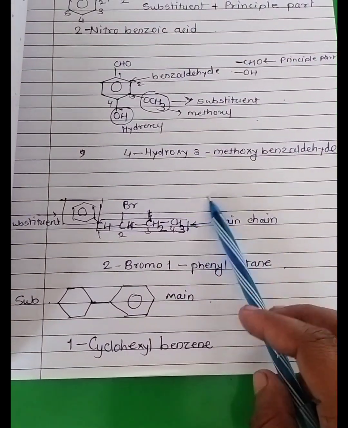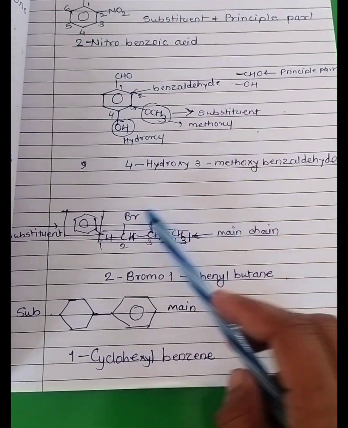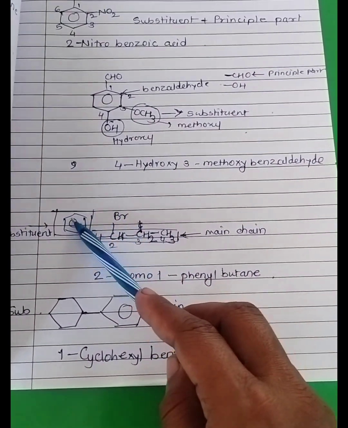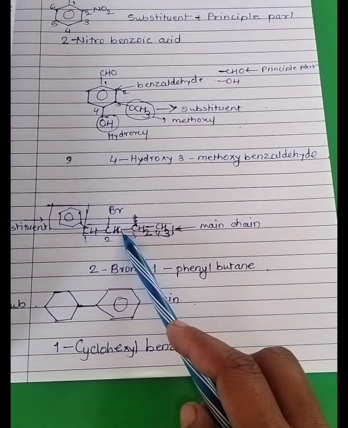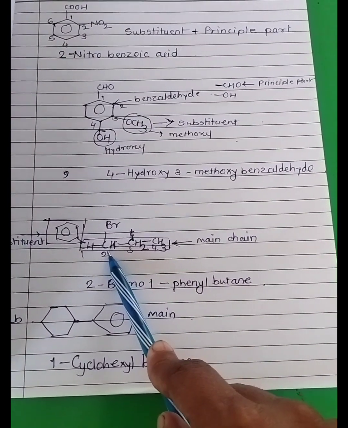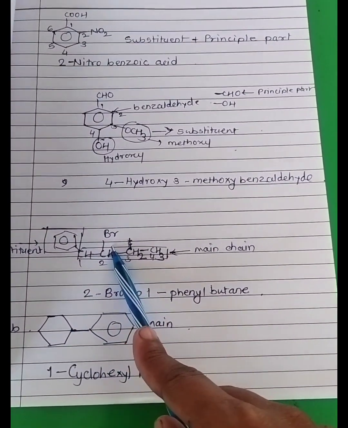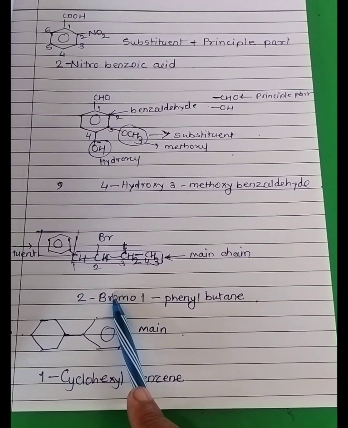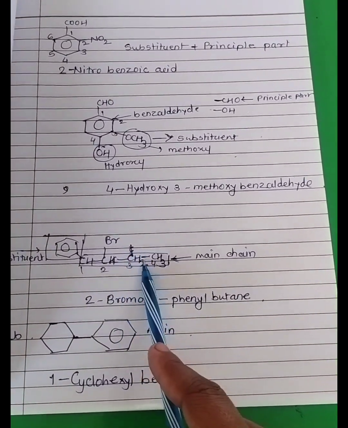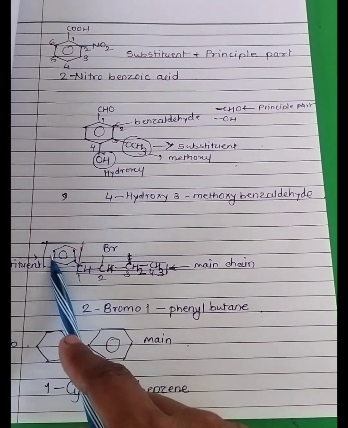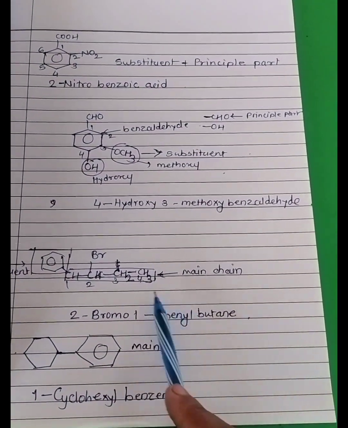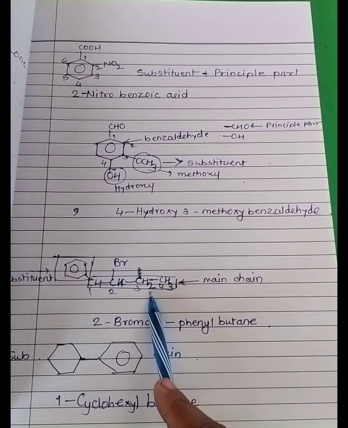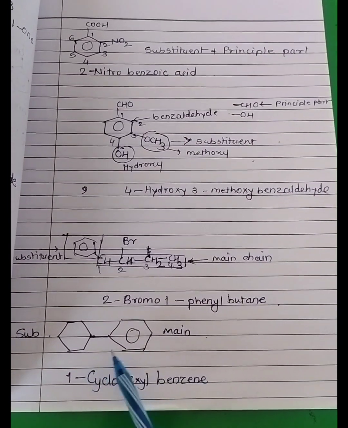In this next example, this is the main chain and this is the substituent. In the second position bromine is attached, so 2-bromo, and in the first position a phenyl ring is attached, so 1-phenyl. There are a total of 4 carbons, so butane.